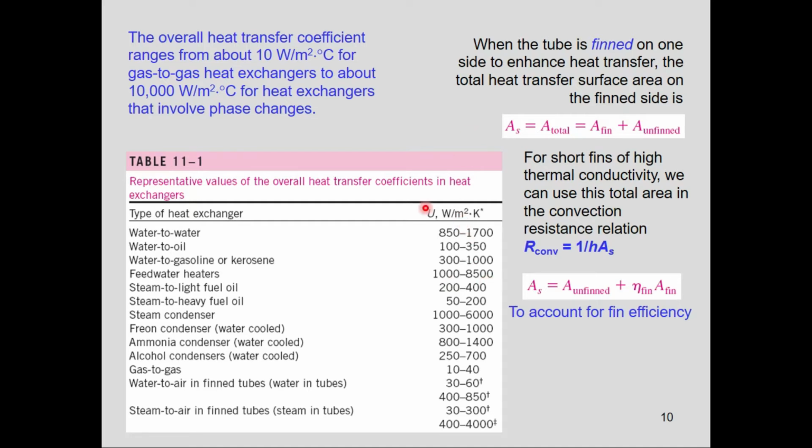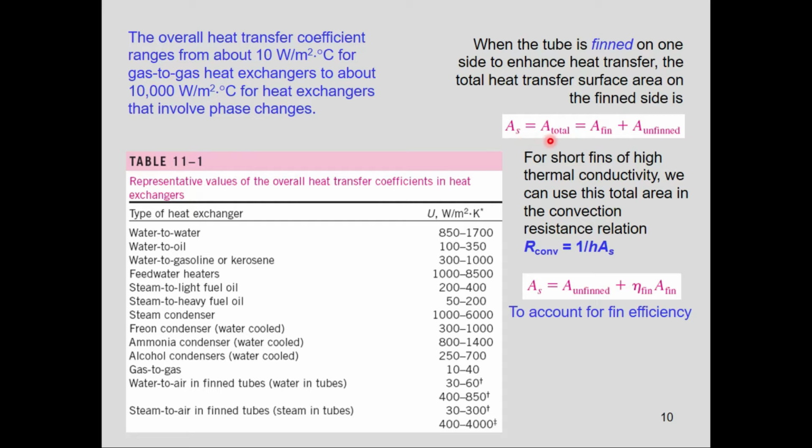So when the tube is finned, what does it mean? It means that extended surfaces are installed on the tube side, on one side, to enhance the heat transfer rate, and the total heat transfer surface area on the fin side will be equal to this formula. We usually say that the surface area is represented by A_s.